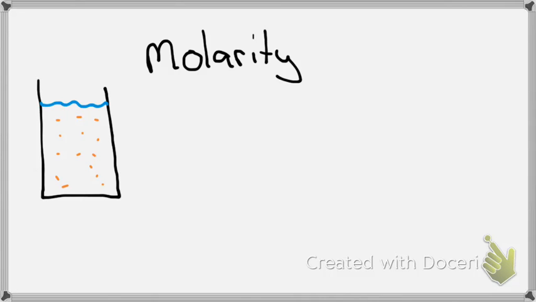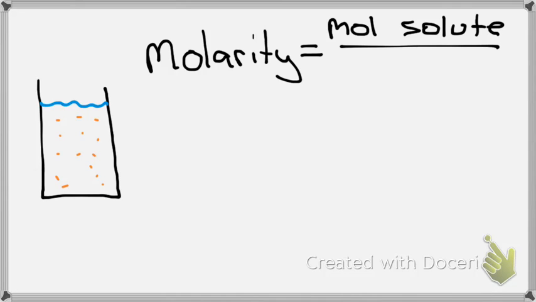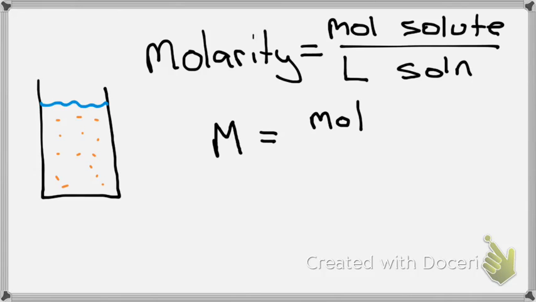We can express this mathematically. We can say molarity equals moles of solute over liters of solution. And for brevity's sake, we're going to abbreviate that with molarity will be a capital M. Okay, that's the symbol for molarity, capital M. Molarity equals mol per liter.